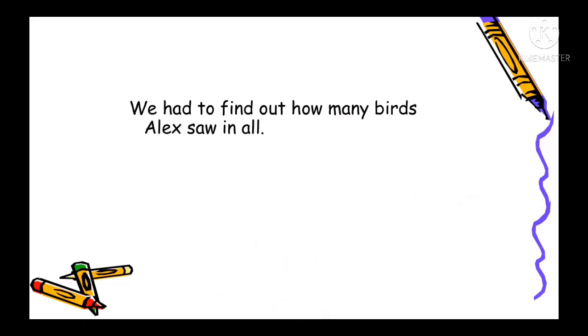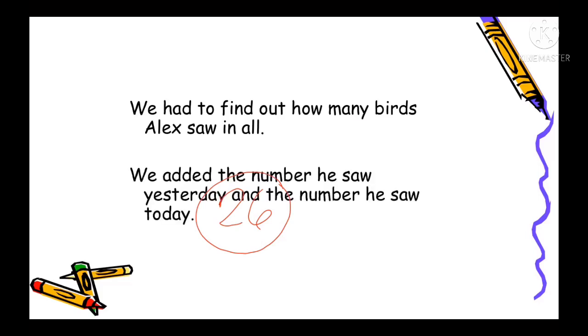We had to find out how many birds Alex saw in all. So if your answer is only 26, then this one is nonsense. What is that 26? Our question is how many birds.